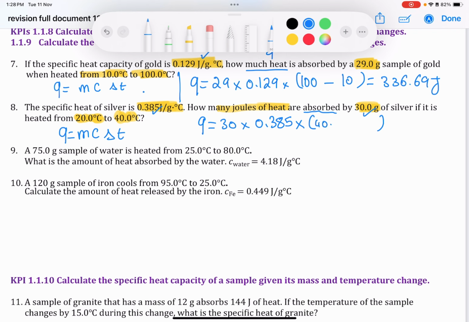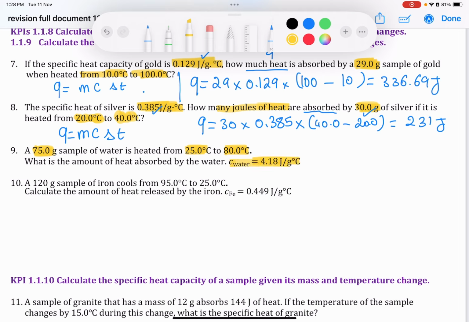Final minus initial. So my final answer is going to be 231 joules.